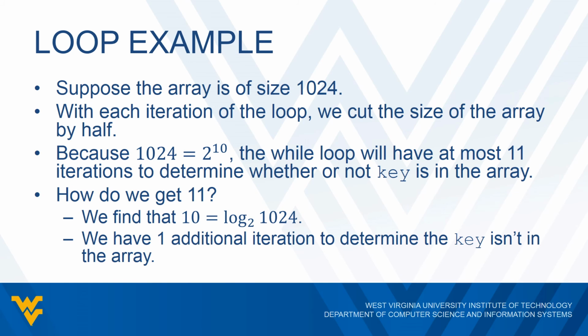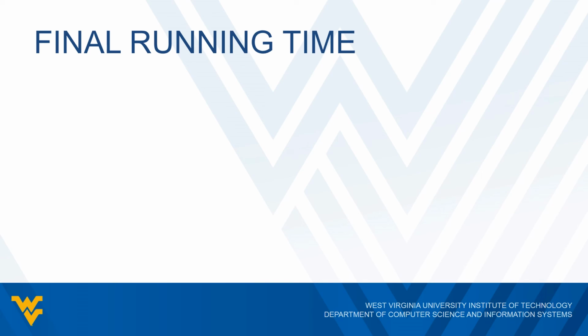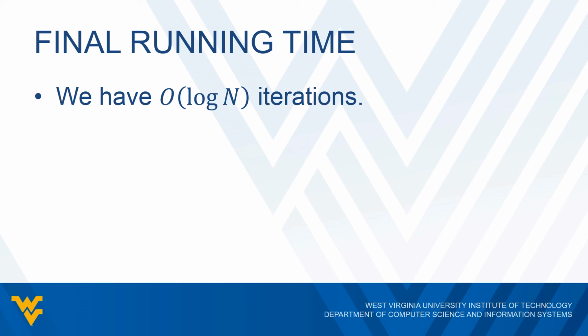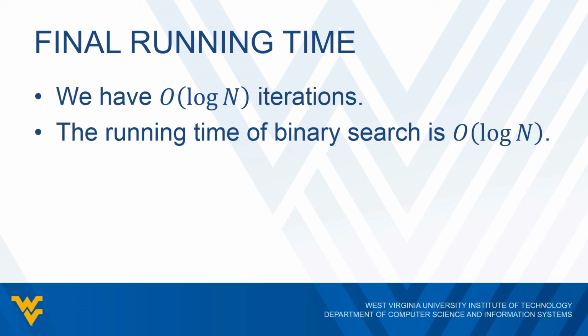Then we'll need one additional iteration of the loop to determine that the key is not in the array. So what this means is that since we're dealing with logs and log base 2, we have O of log n iterations. And since each iteration takes O of 1 time, the running time of binary search is O of log n.